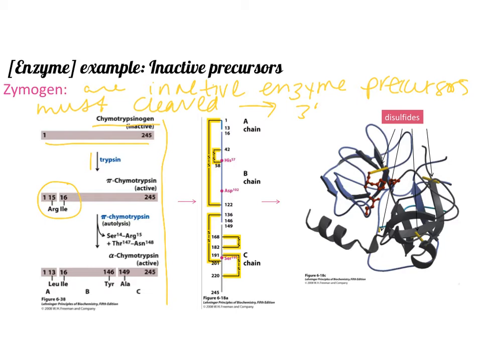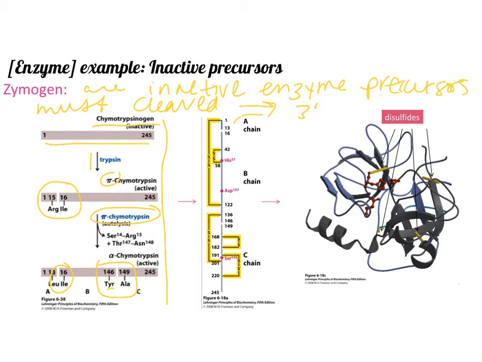And then you get what's called pi chymotrypsin, and it has a little bit of activity and actually eats itself, or autolyses, for the second cut. And remember, chymotrypsin is selective for large aromatic amino acids, so here it cuts after that tyrosine. And so you get your next cut there. Oh, and there's a cut right here.